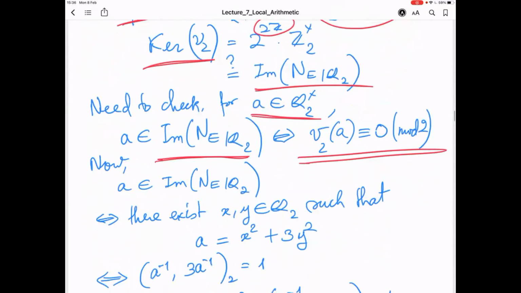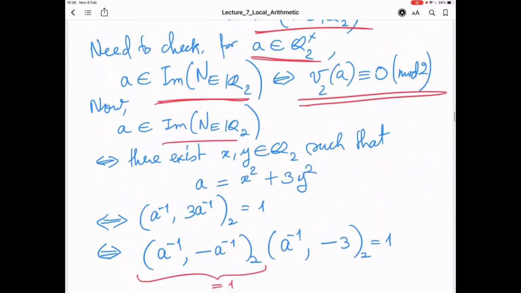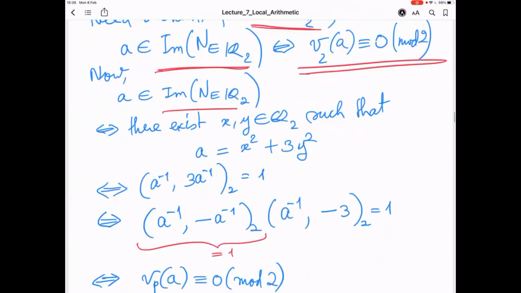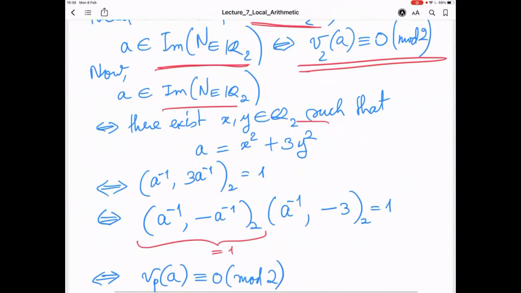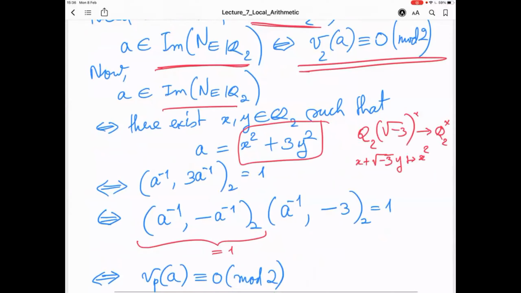Okay, so start with, suppose it's in the image. By definition, this is the norm map from Q_2 root minus 3 star to Q_2 star. It takes x plus root of minus 3 times y to x squared plus 3y squared, right?